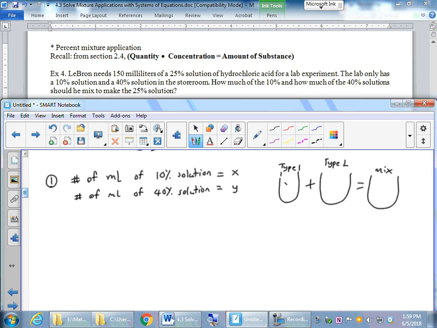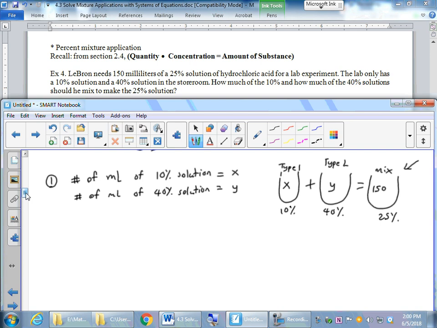For type 1, we need X amount and a Y amount, and the concentration is 10%, and then the concentration is 40%, and the mixture concentration is 25%, and then we need 150 milliliters. Maybe you like this one better, okay? What we basically did before.